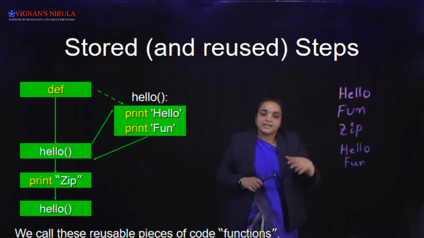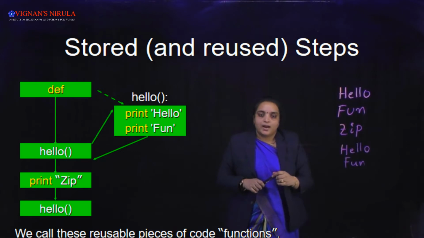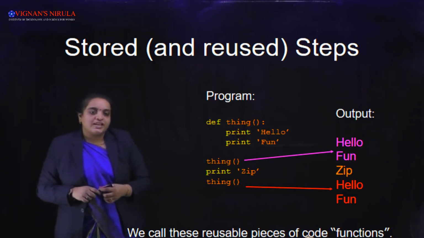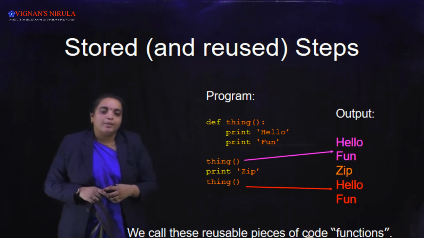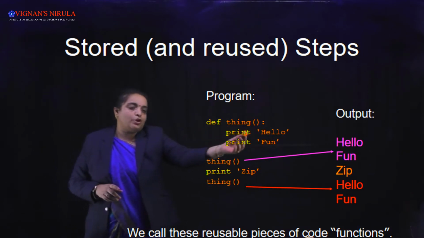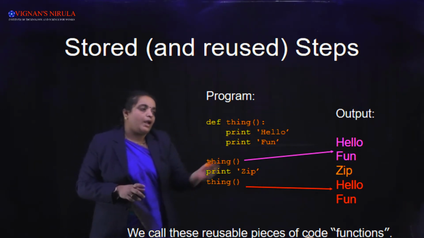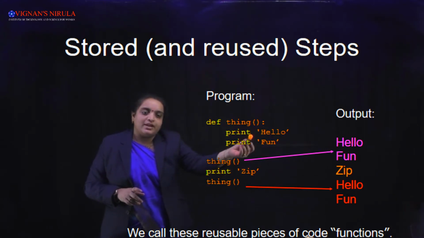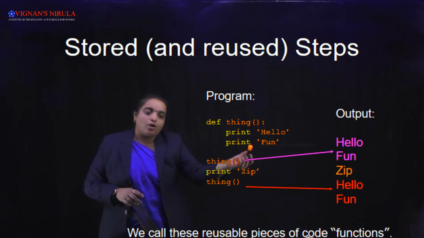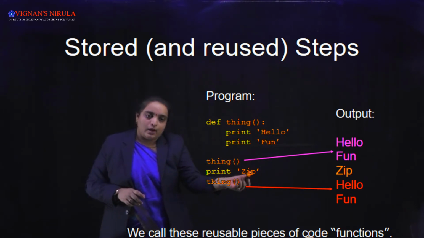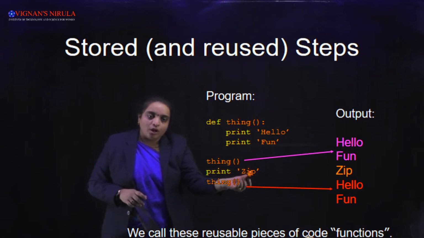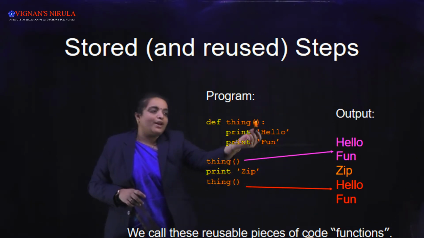Yes. Let us see a programming example now. In this program we define a function called things. In this function we have two printed statements. The first statement is hello and the second statement is fun. Then you are calling the function. When you call this function, what will happen? It will print the values that are there in the function.